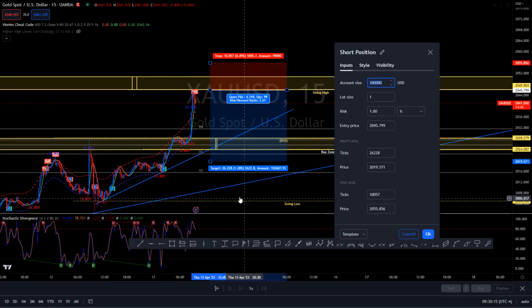Technically, below the HMA. Like Bitcoin closing below the HMA, but I might wait for the next candle.